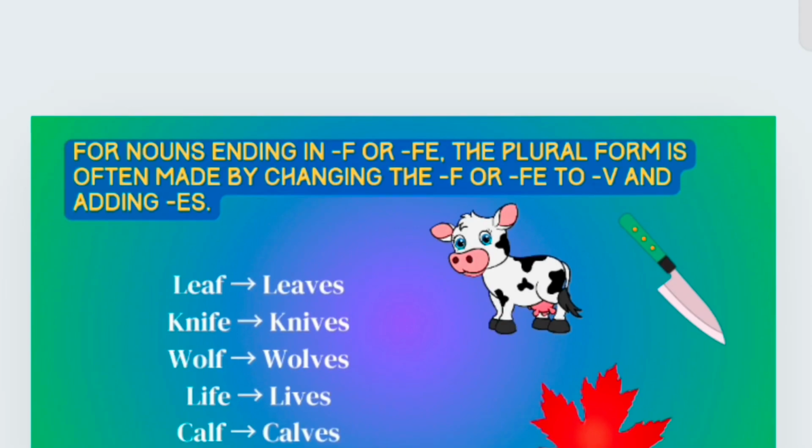So we have already learned the same rule applies in this kind of words as well. So we remove the letters FE and add V followed by ES. So knife becomes knives. And the last example, that is L-I-F-E, life. This particular word also ends with FE. So to convert it into plural form, we remove the FE and add V instead, followed by ES. So life becomes lives.